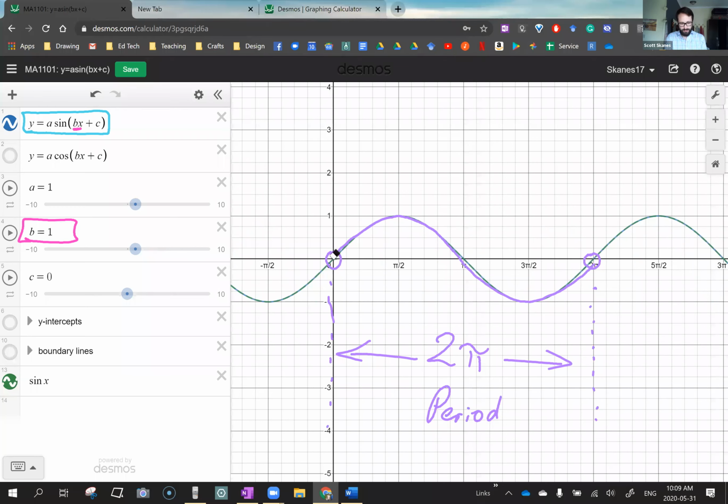Let me erase some of this. The period is like frequency, but it is not frequency. They are related. Frequency is how many times per second it happens. Period is how many seconds it takes to do its thing.